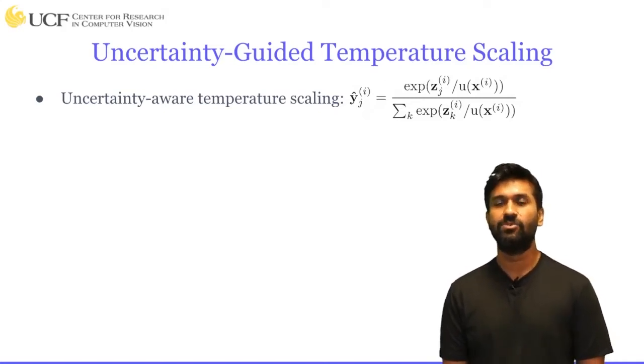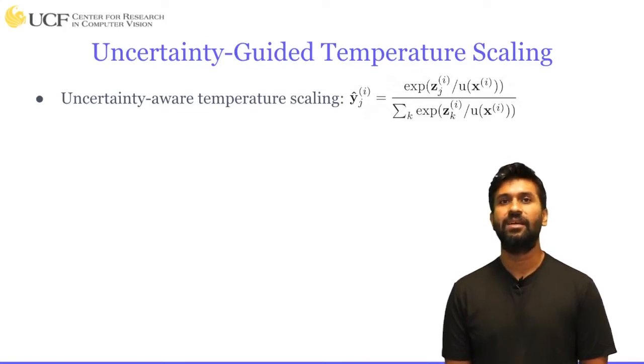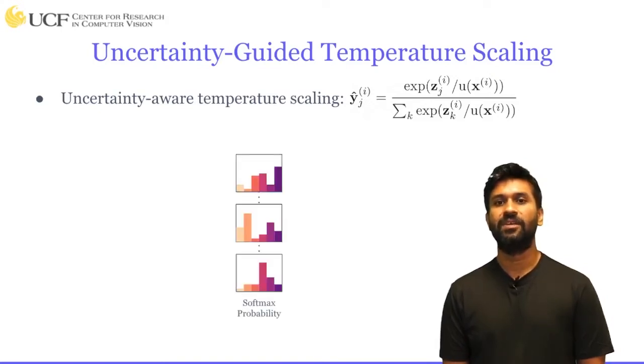So instead, in this work we introduce uncertainty-guided temperature scaling. We apply a dynamic scaling term, which is basically the uncertainty score, in the softmax probability computation. From a high level, this would have been our typical softmax probability scores of different samples.